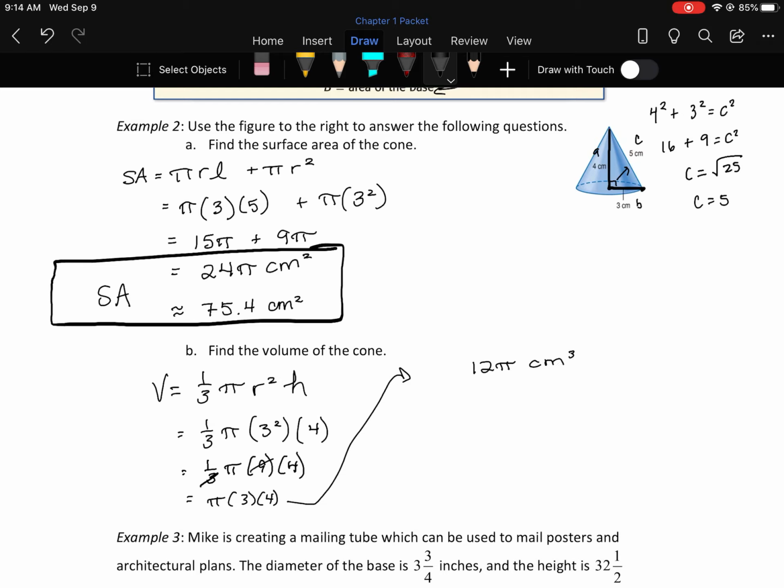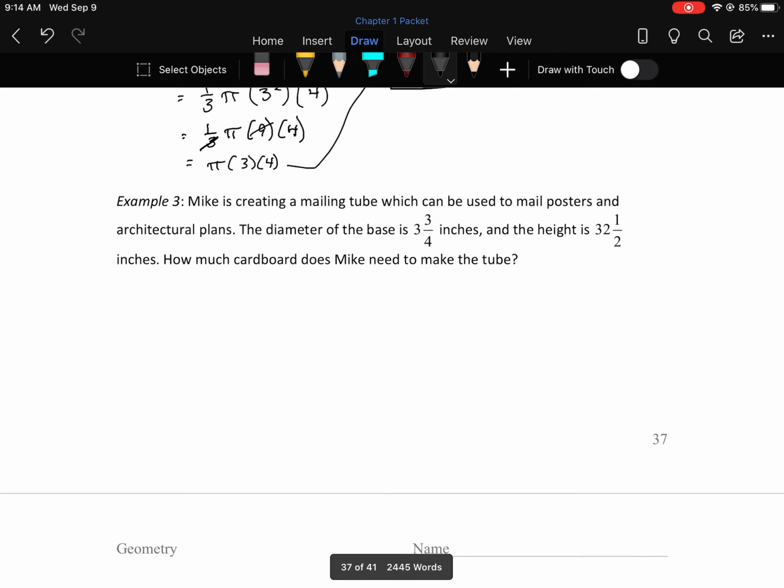Now this is volume, so it's cubic meters. And an estimate of this would be 37.7 centimeters cubed. And that is for volume. All right, so moving on to our last example for today.